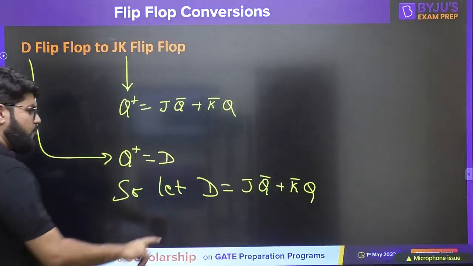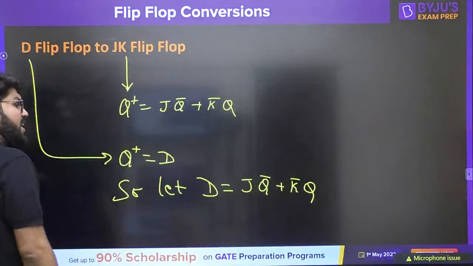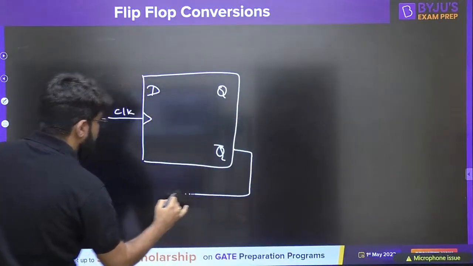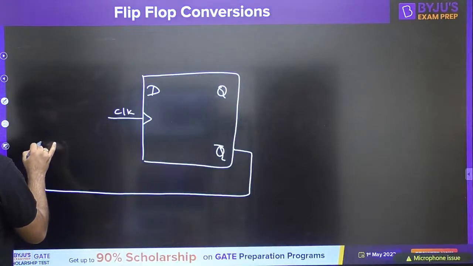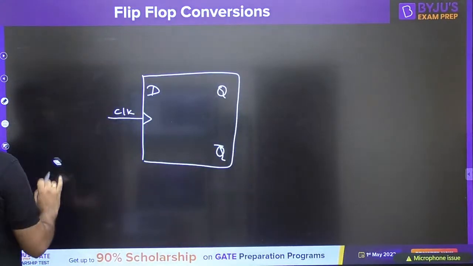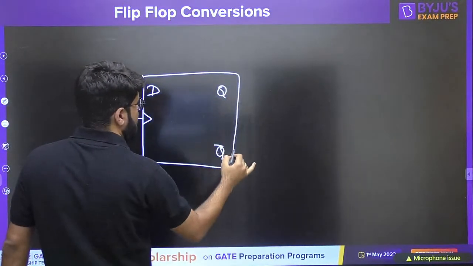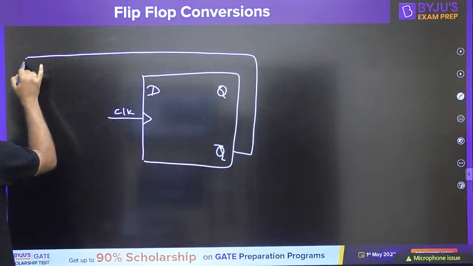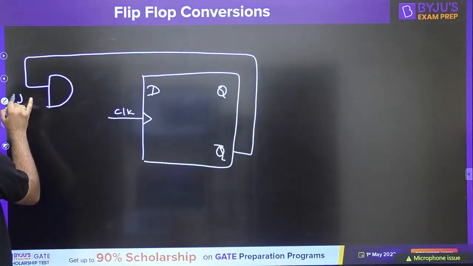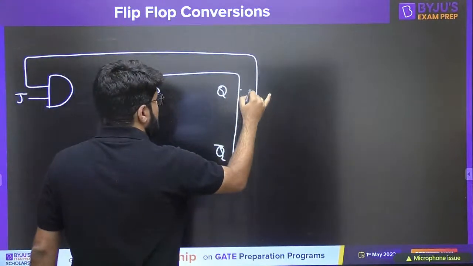So for that, D equals J Q bar plus K bar Q. J Q bar and K bar Q will come. This has to be ANDed with a variable known as J plus K bar into Q.